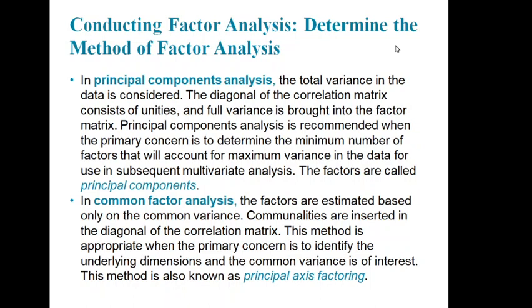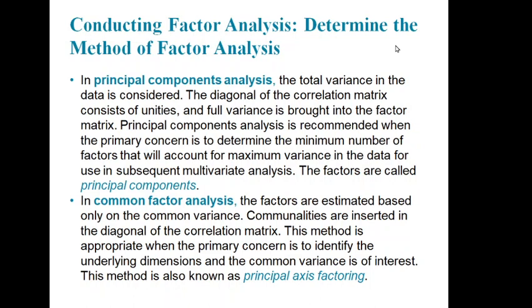In the next step, you select which method of factor analysis you are going to follow. In SPSS, you can just select that particular checkbox, which kind of factor analysis you are going to follow. The first one is the principal component analysis.